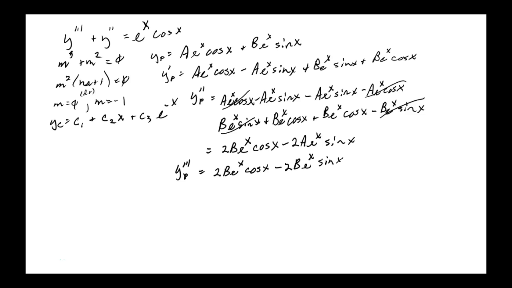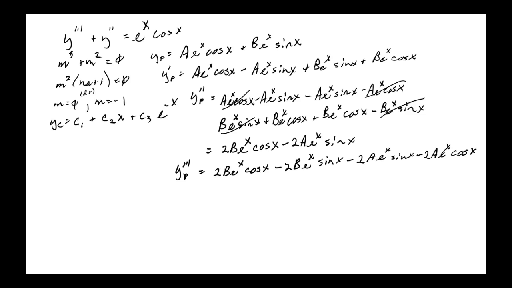And then we have minus 2a e to the x sine x minus 2a e to the x cosine x. Okay.